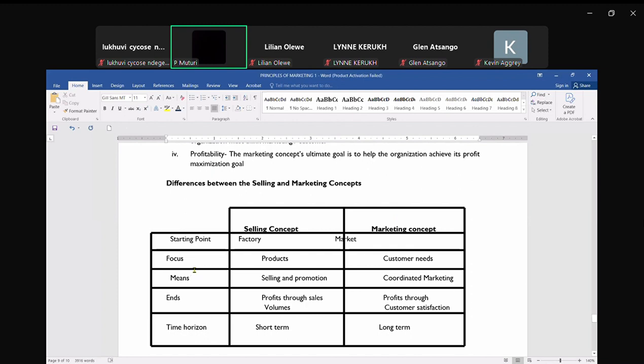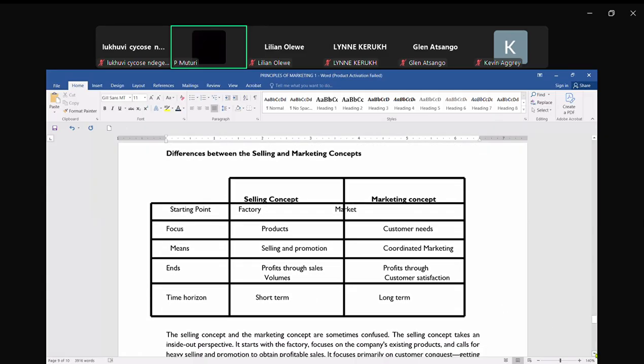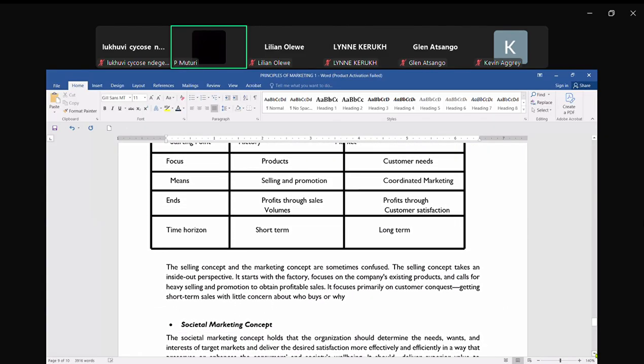What is the focus? The selling concept focuses on the product, the loan product, the financial, the insurance product, the plot of land, and so on and so forth. So it focuses on the product. The marketing concept focuses on the customer needs. I think you can look at the other areas of difference between the selling and the marketing concept, because sometimes the two tend to be confused.